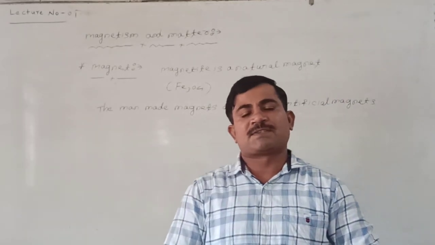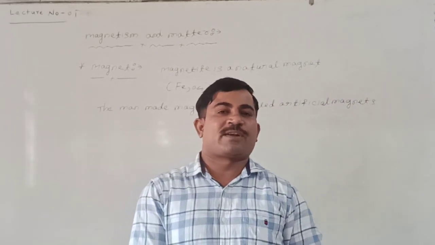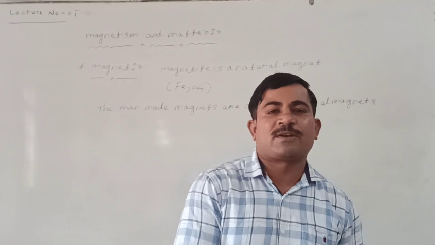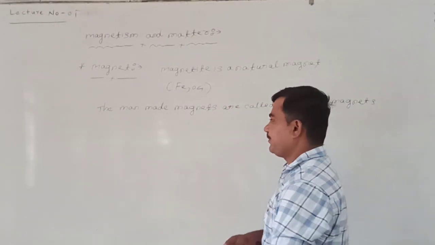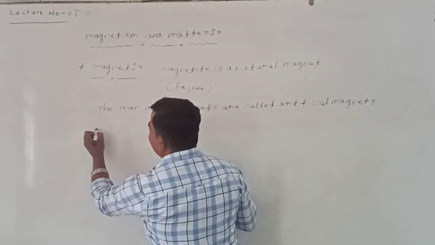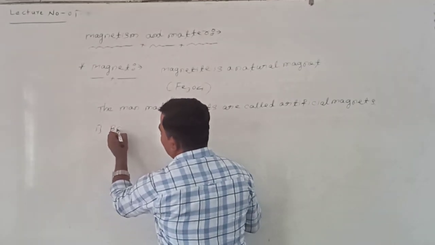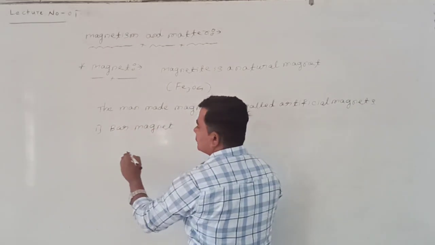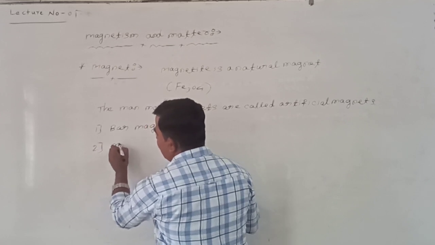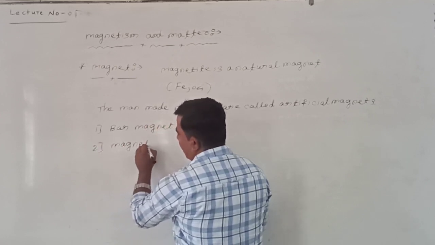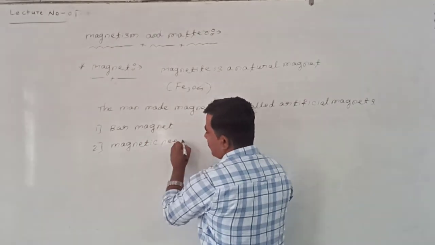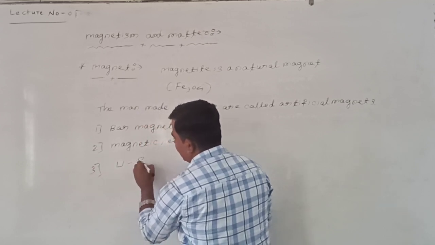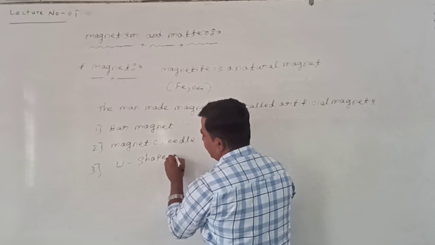Actually, there are three types of artificial magnets available. The first one is the bar magnet, the second one is the magnetic needle, and the third one is the U-shaped magnet or horseshoe magnet.